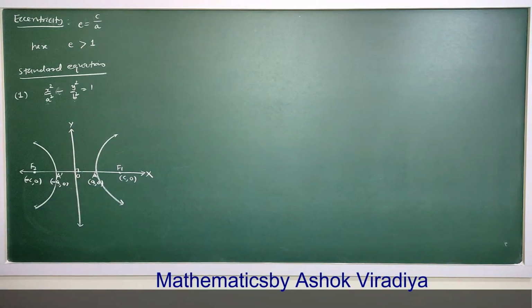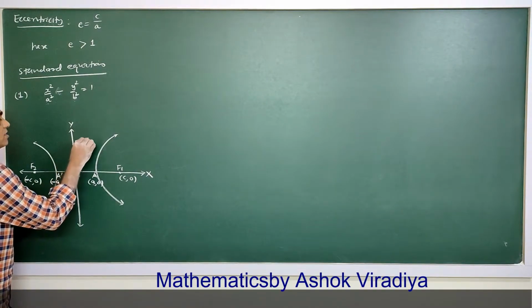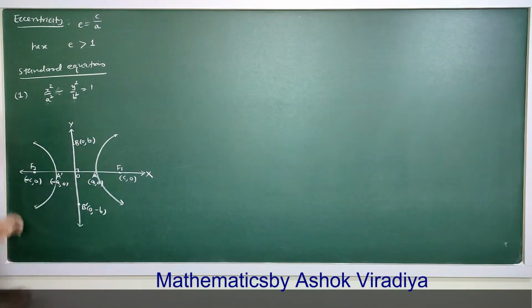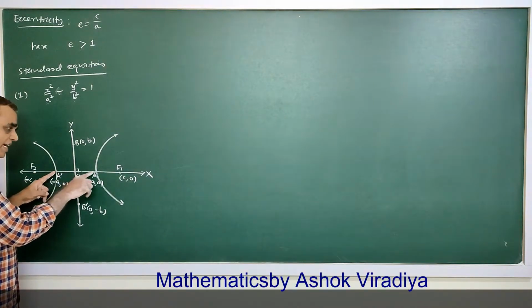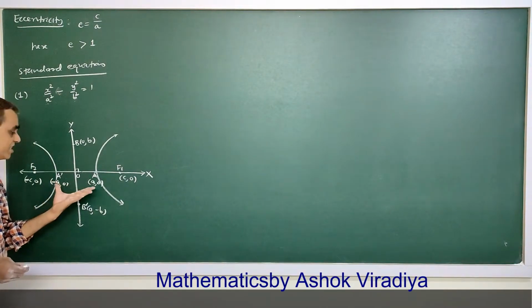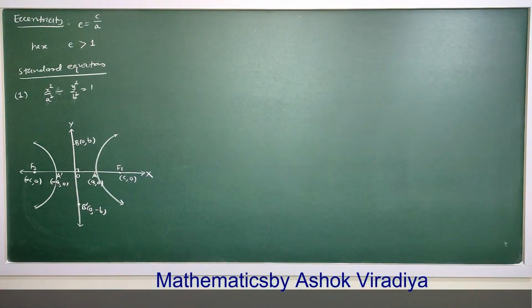These are vertices. Here B is (0,B), B dash is (0,minus B). So the length of the transverse axis is 2A, the length of the conjugate axis is 2B, foci are (C,0), (minus C,0). Eccentricity is C by A. So whenever such an equation is given, always draw the graph and show values by this method.